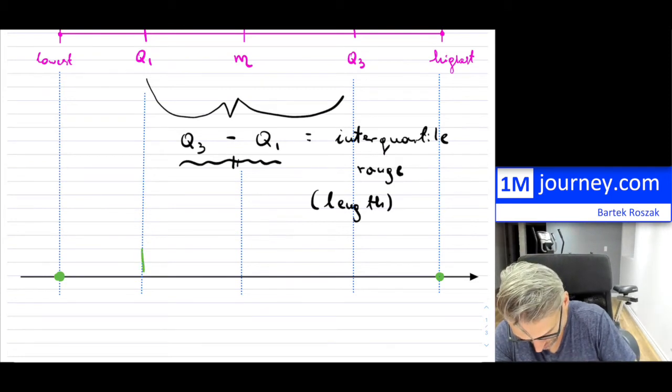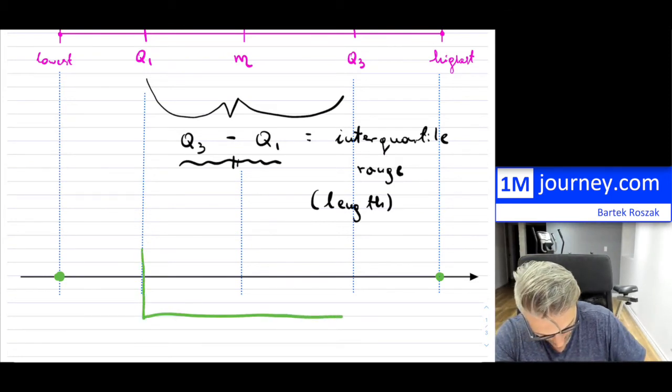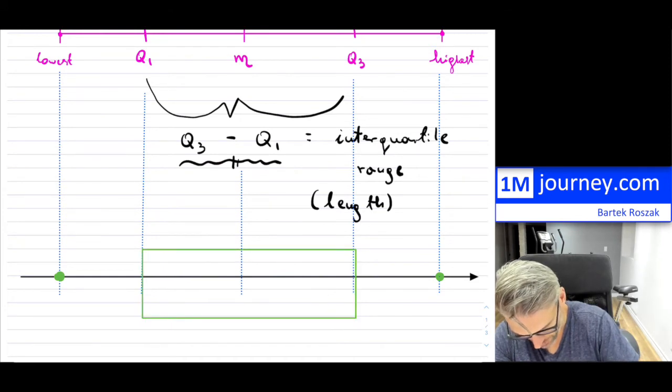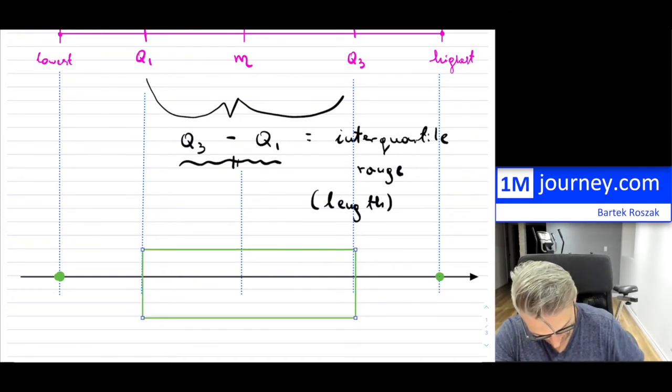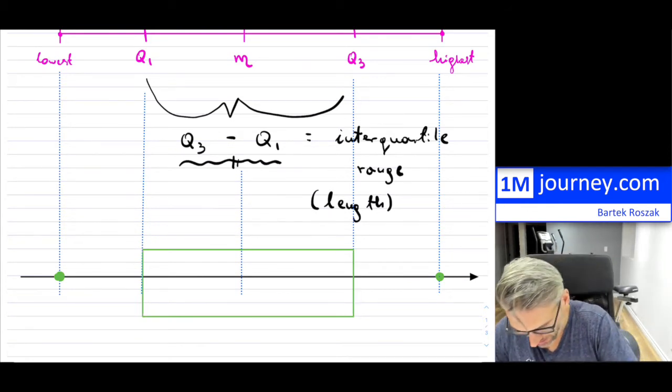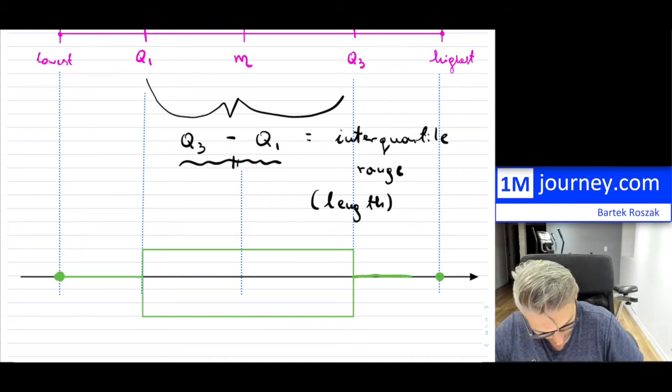So here's your box. And then I'm going to draw these whiskers, which show those other points lying outside of that. And then here is my median.